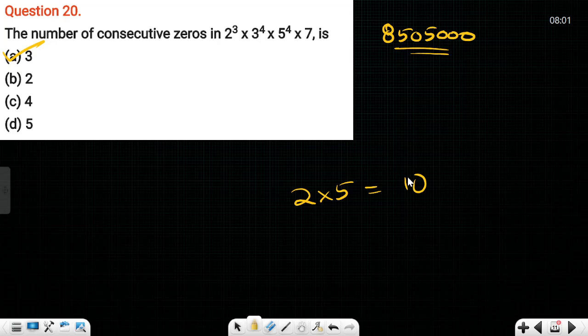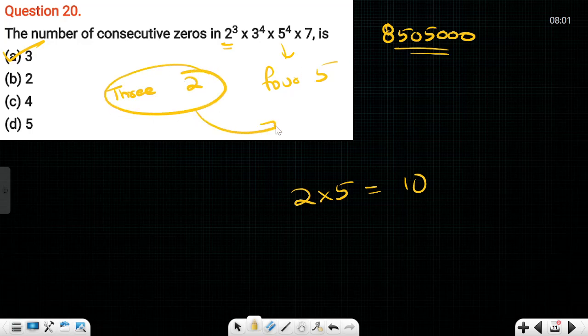So, only one 2, one 5. How many 2's are there here? We have three 2's. How many 5's are there? Four 5's are there. But surely we need an equal number of 2's and 5's to give the zeros. Therefore, three 2's will combine with three 5's to give you 3 zeros. This is the logic behind this question.